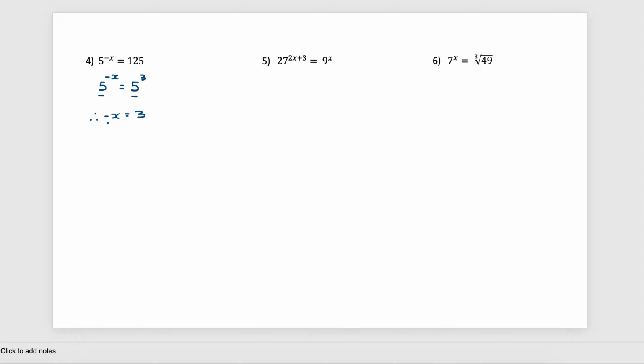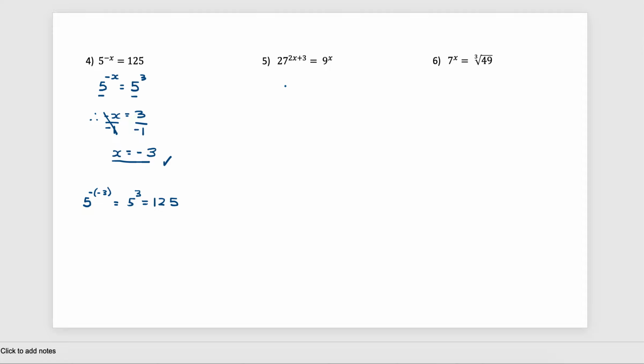I can't leave the unknown as negative, so I'm going to divide both sides by negative 1, and we end up with x equals 3 divided by negative 1, which is negative 3. If I go back and check my answer, 5 to the power of negative 3, is that 125? Well, that would be equal to 5 to the power of 3, which is in fact equal to 125. So you know that your answer is correct.